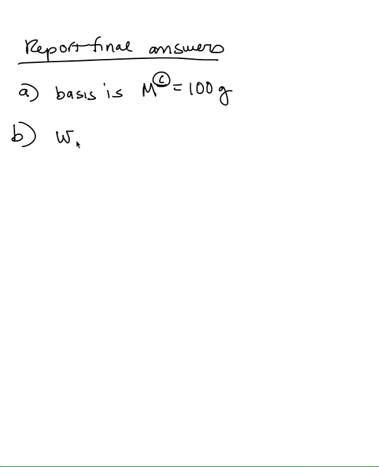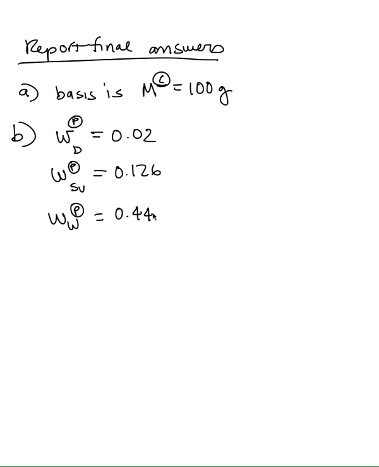So the mass fraction of dextrose in stream P is 0.02, and of sucrose in stream P is 0.126, and of water in stream P is 0.444, and the final species in stream P has a mass fraction of 0.410.